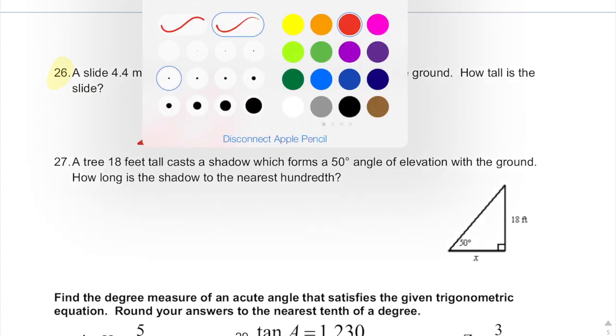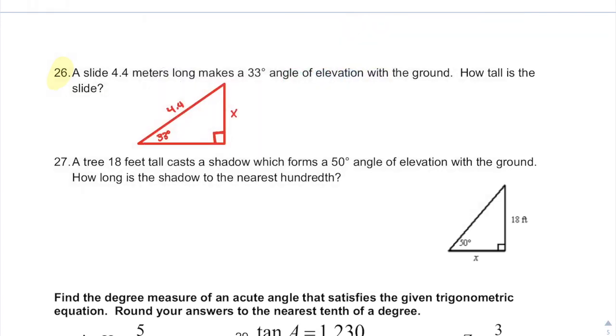To figure out how tall the side is, x is the side opposite, whereas 4.4 is the hypotenuse. Opposite and hypotenuse, we're going to use sine. Sine of 33 degrees equals the opposite side x over the hypotenuse 4.4.